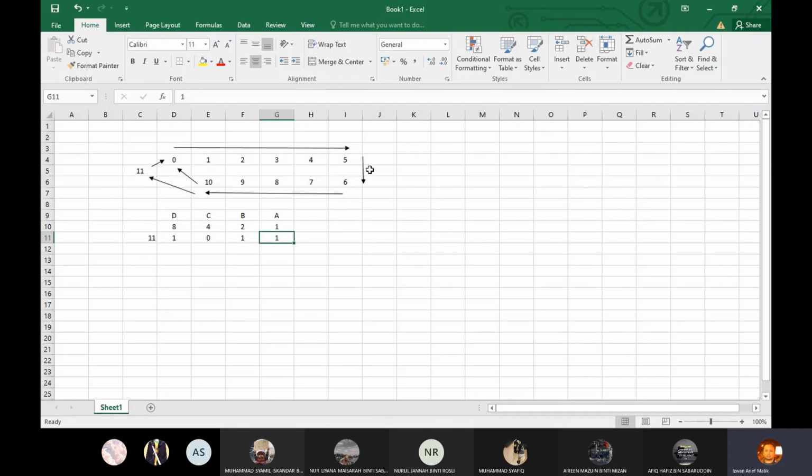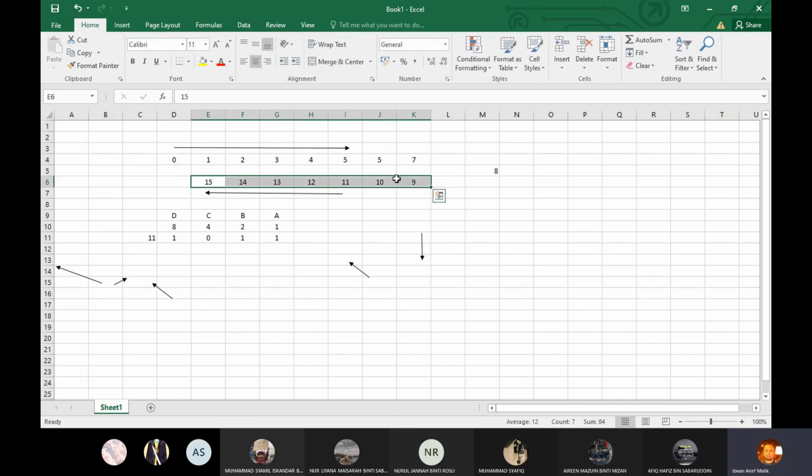Okay, so ini you boleh adjust sendirilah. 6 then goes to 7 then goes to 8. Saya buat ni 12, 13, 14, 15. Okay, so there will be no temporary state at all sebab dia adalah full cycle.